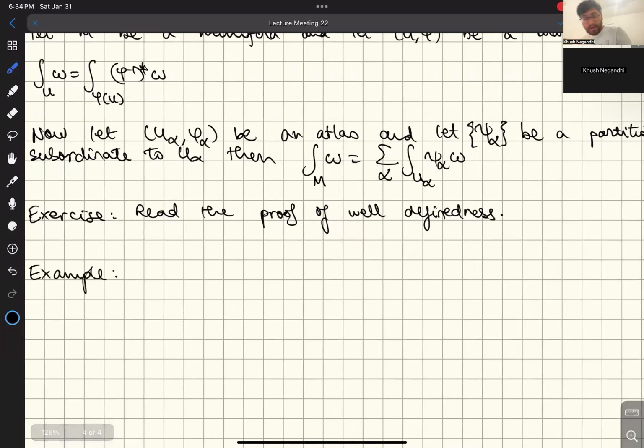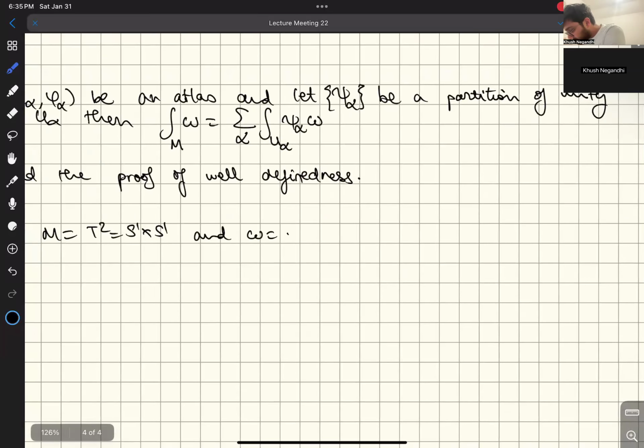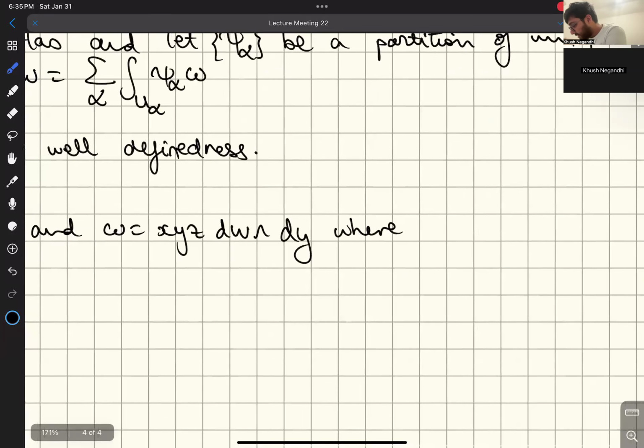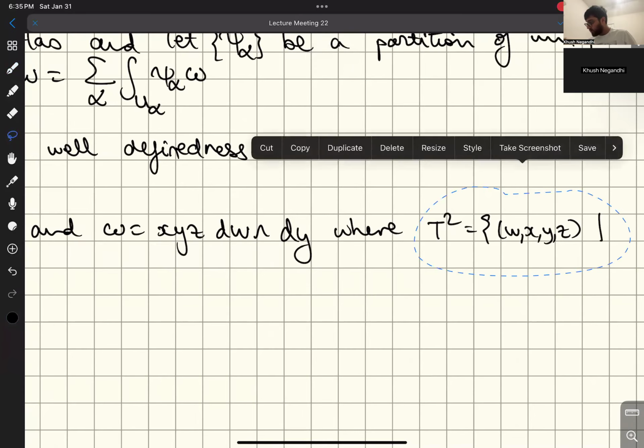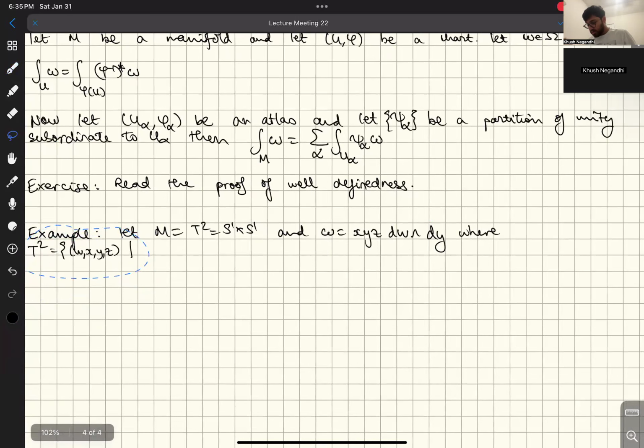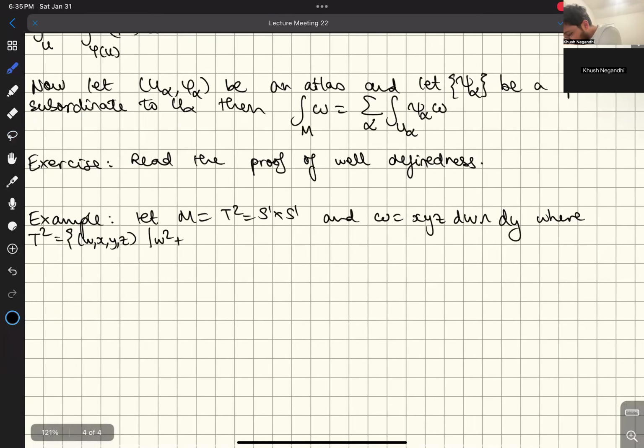Example. Let M be T2, which is S1 cross S1, and omega equals xyz dw wedge dy, where T2 in R4 is given by coordinates wxyz such that w squared plus x squared equals 1 equals y squared plus z squared.